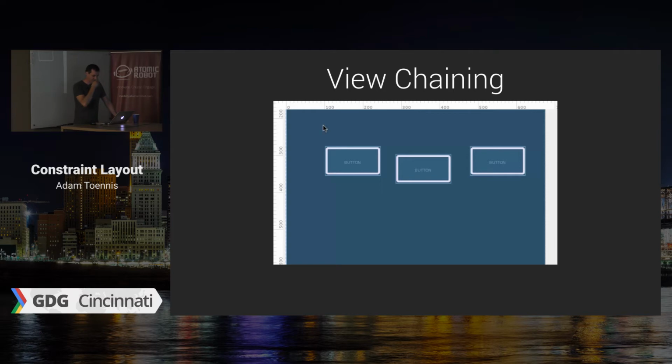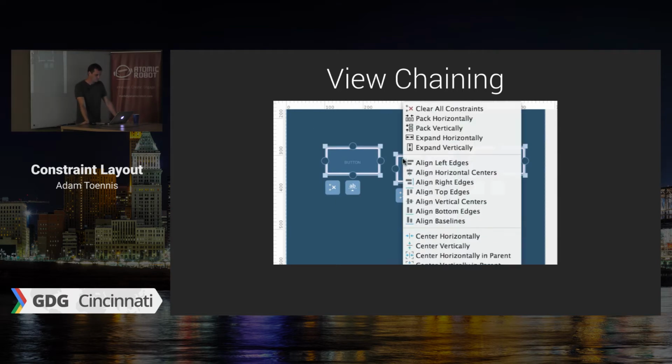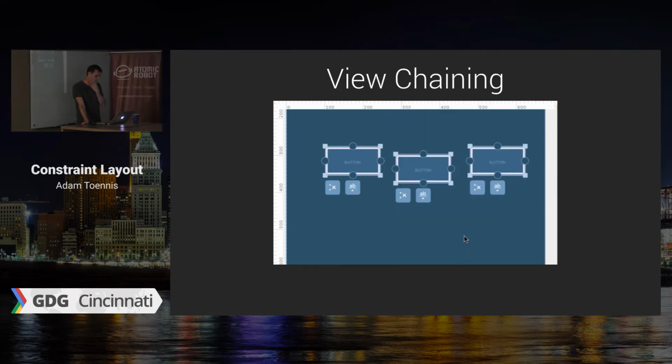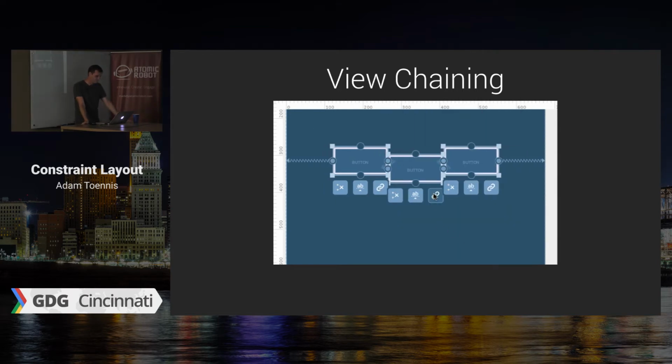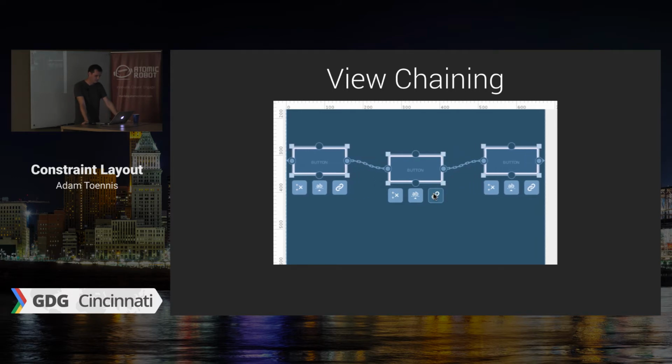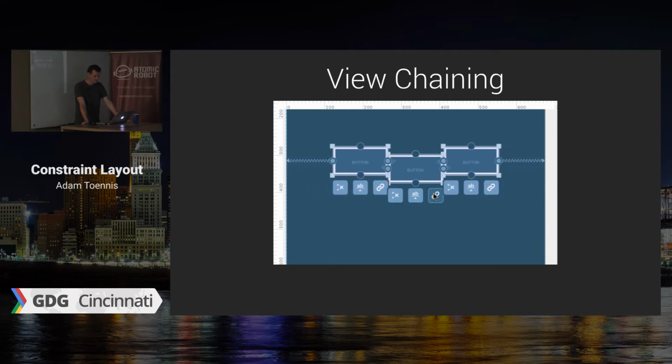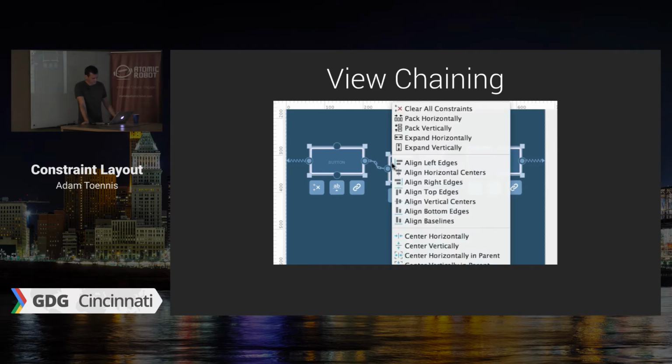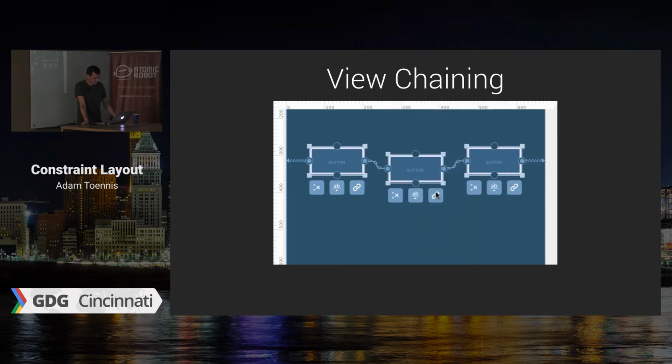Here's just a short video of someone doing some view chaining. They're toggling between the different modes there. They used a couple of shortcuts I haven't talked about, and that's an important note.